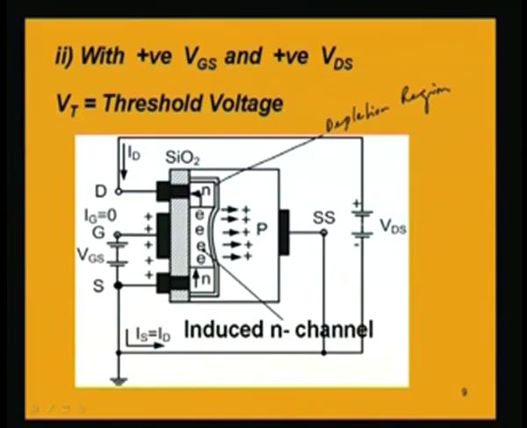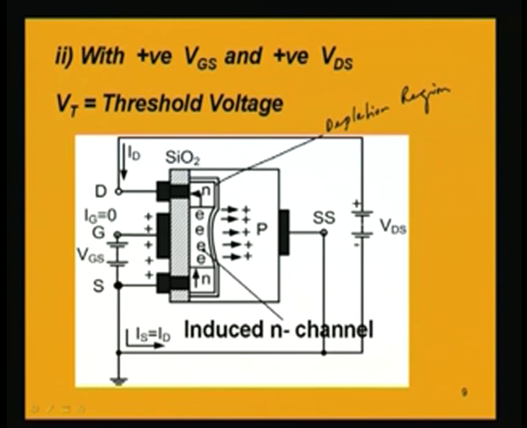So, up to Vt, if VGS is less than Vt, then there will be no current flow from drain to source. Why will current flow from drain to source? Because it is having a positive potential. As we are observing here, we have VDS, which is a positive potential.